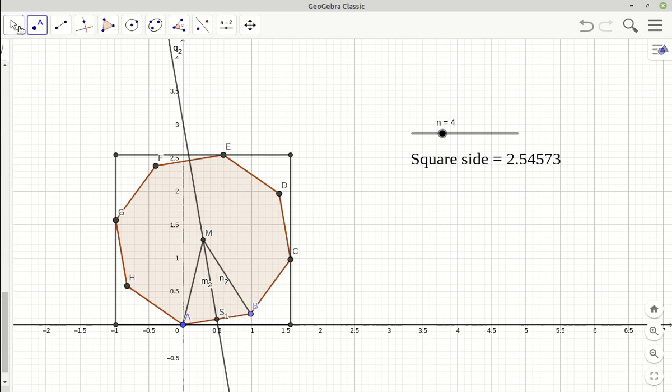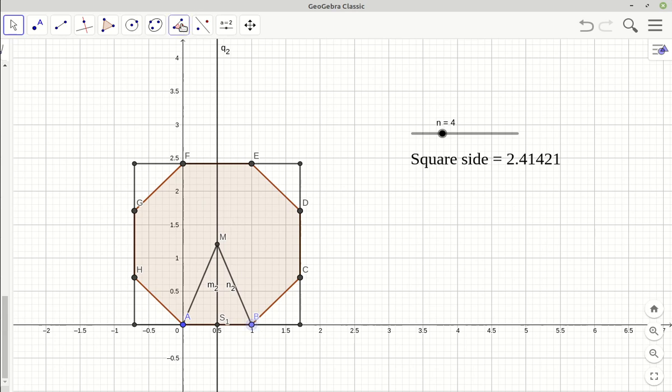We know, for instance, that if we have the angle S1MB here, then the tangent of this angle is going to be S1B, which is 1/2, divided by this height that we are after. And what is this angle alpha?